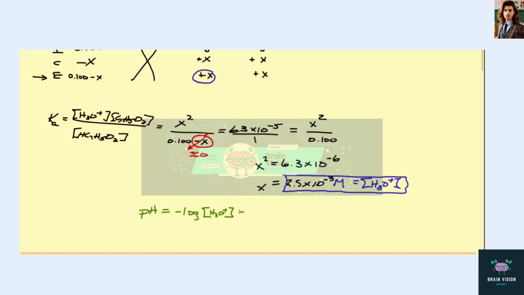So we just have to take the negative log of 2.5 times 10 to the minus 3.